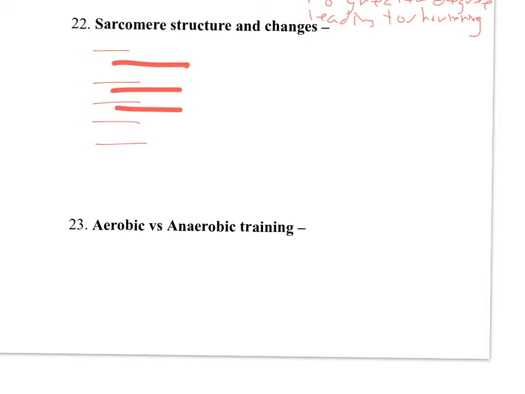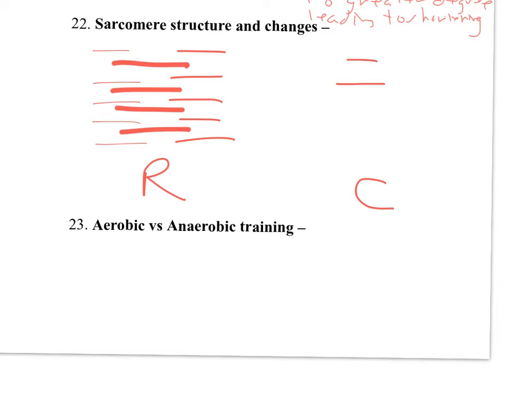The thin filament and thick filament overlap slightly when the muscle is in a relaxed state. When the muscle is in a contracted state, that overlap is much greater. Actually, much greater. I want that H zone to disappear. So I apologize.